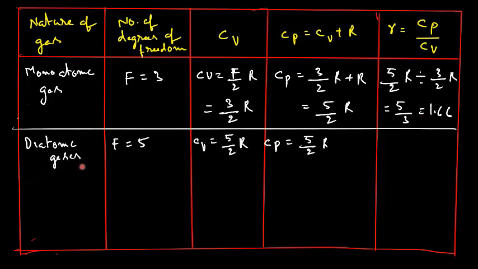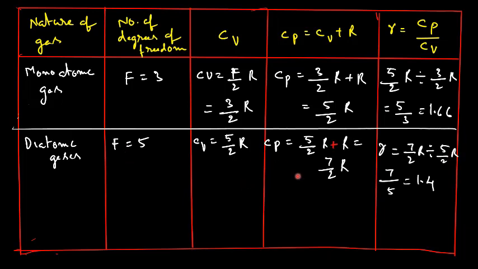For diatomic gases, the number of degrees of freedom is 5. Cv equal to 5 by 2 R. Cp is equal to Cv plus R, that is nothing but 7 by 2 R, and gamma equal to 7 by 2 R divided by 5 by 2 R is nothing but 7 by 5, that is 1.4.